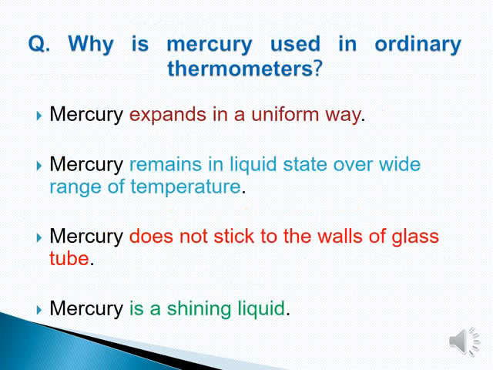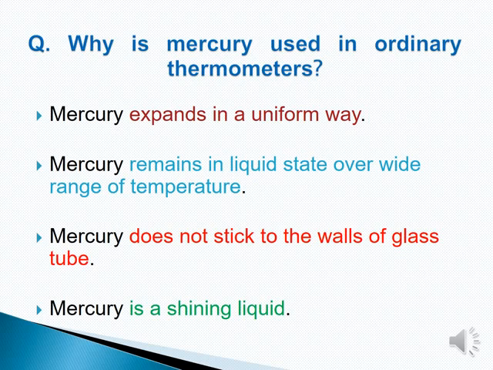Why is mercury used in ordinary thermometers? This is because mercury expands in a uniform way. Mercury remains in liquid state over a wide range of temperature. Mercury does not stick to the walls of glass tube, and mercury is a shining liquid.